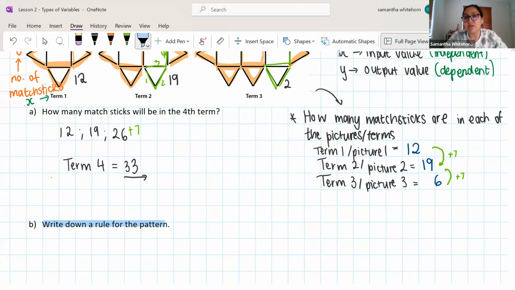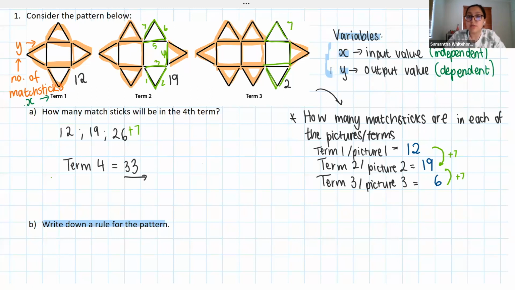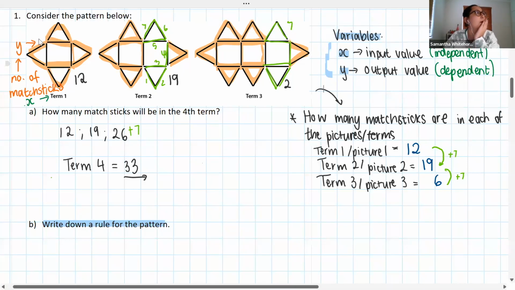Okay, and guys, remember I told you that X is your input, Y is your output. Those are the 2 types of variables that we are working with currently in this graph section. And so those are the 2 variables that we need to have in our algebraic rule. We did quite a fair amount of this on Monday, and we have done it in our number pattern section as well.